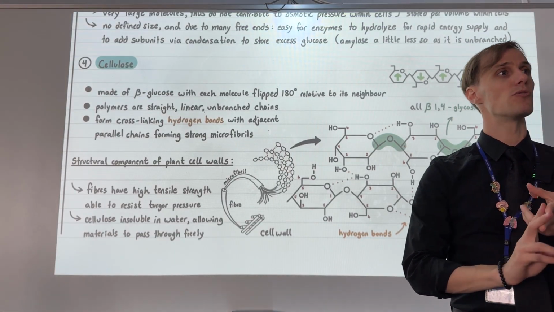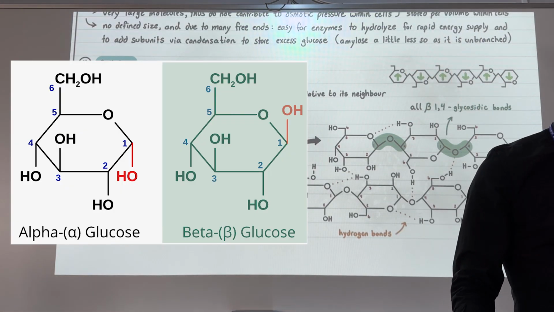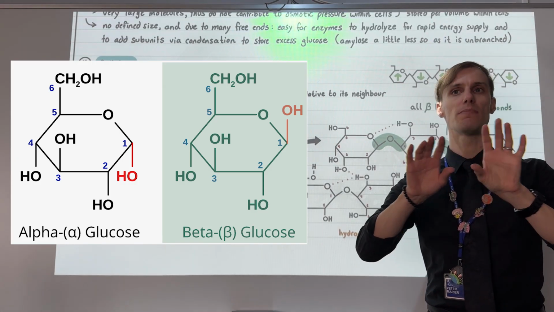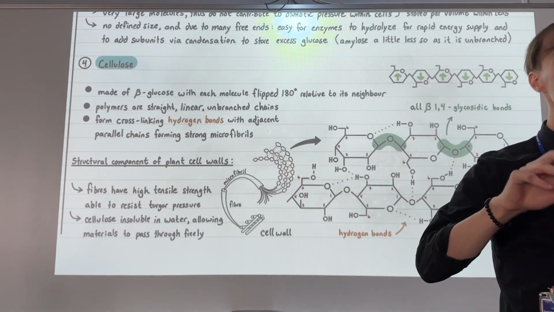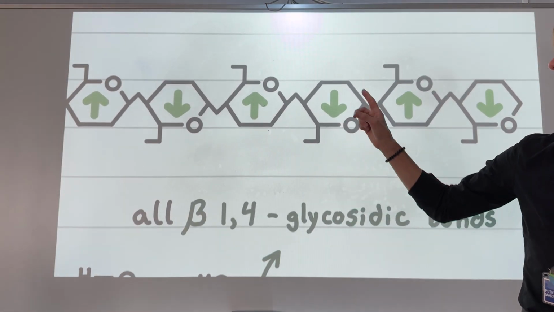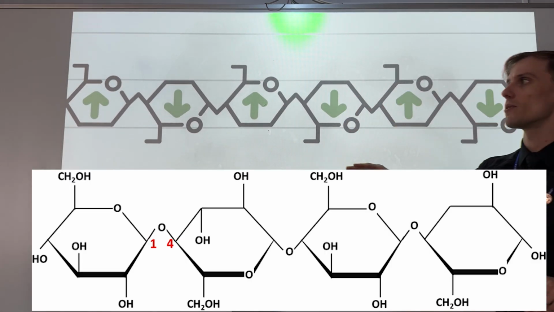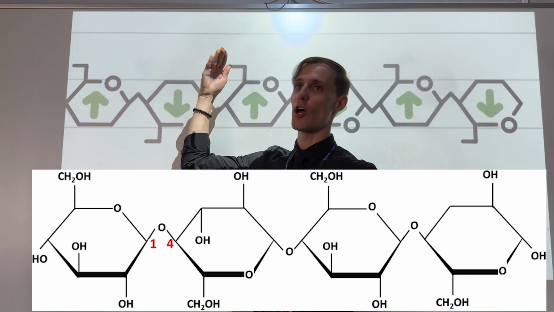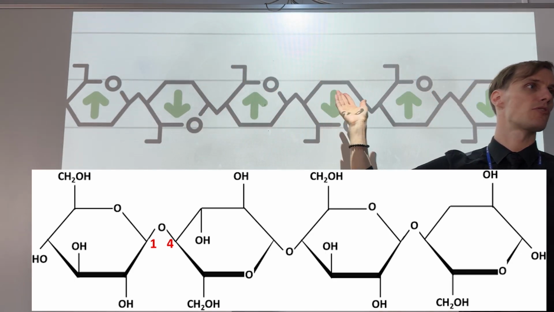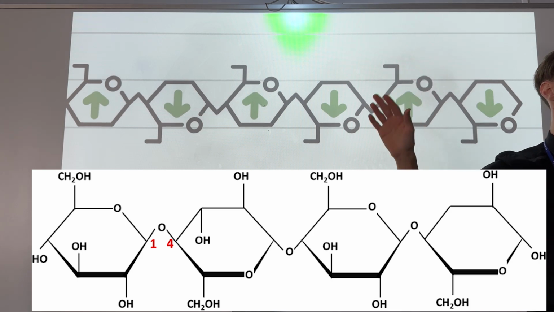It is composed of beta glucose, not alpha glucose. So all of the monomers that make up cellulose are beta glucose, and look at the relative orientation of the glycosidic bonds here. The monomers are actually 180 degrees flipped from their neighbors, in this up, down, up, down, up, down pattern.